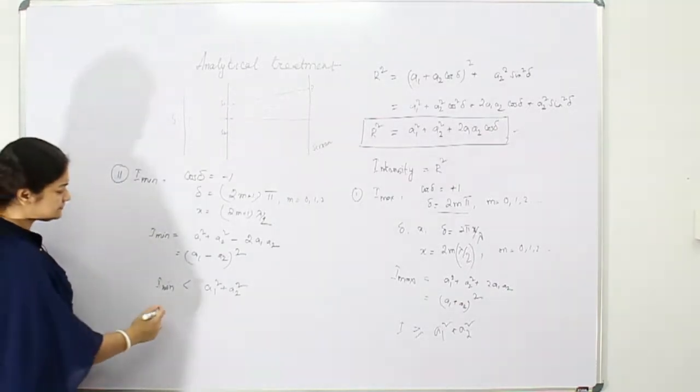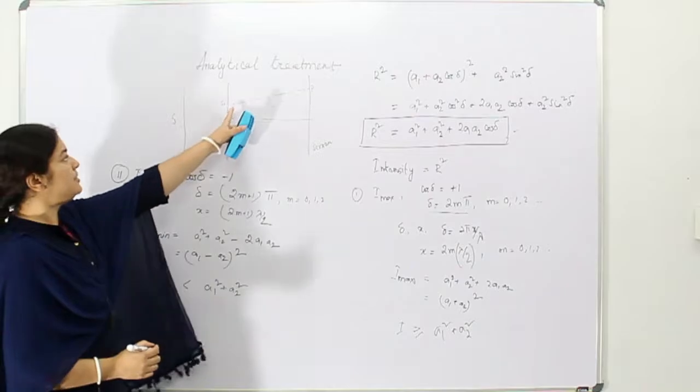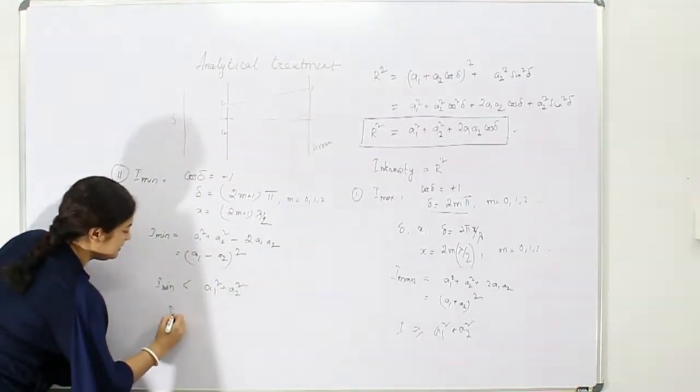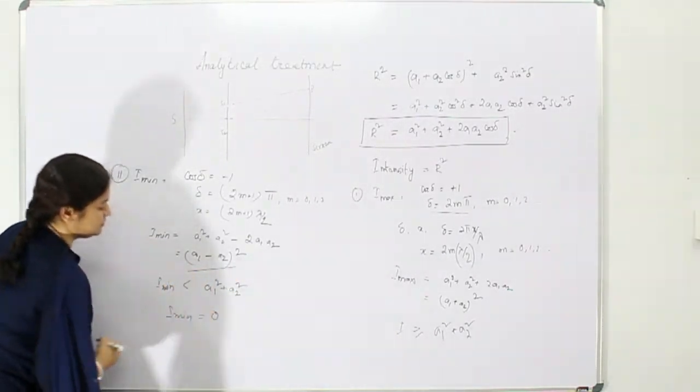And if the amplitudes of the two waves coming are equal, then what will be I min? I min will be equal to 0.